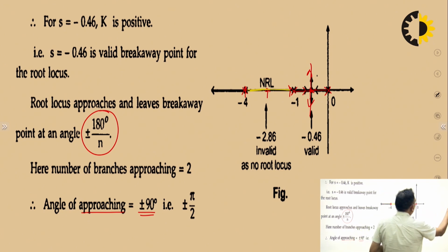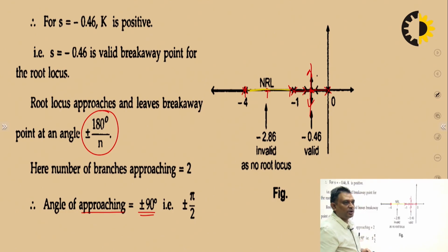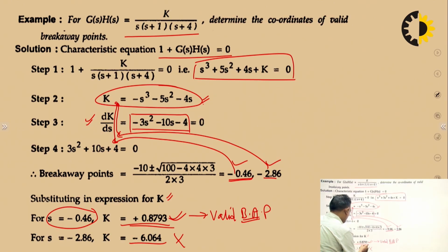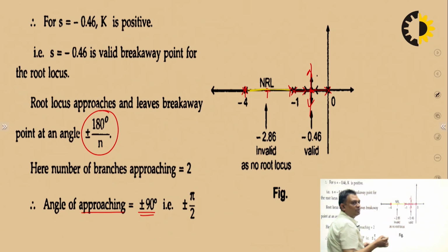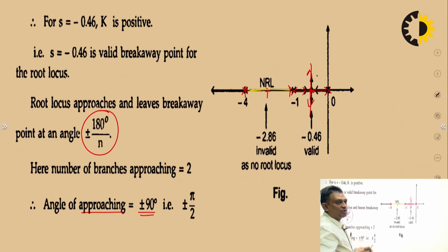If there is no root locus here, then the breakaway point, which is always part of the root locus, cannot lie here. So minus 2.86 lies over here, and it is not a valid breakaway point, because a breakaway point will always be part of the root locus, and if root locus does not exist over here, there is no question of a breakaway point lying over here.